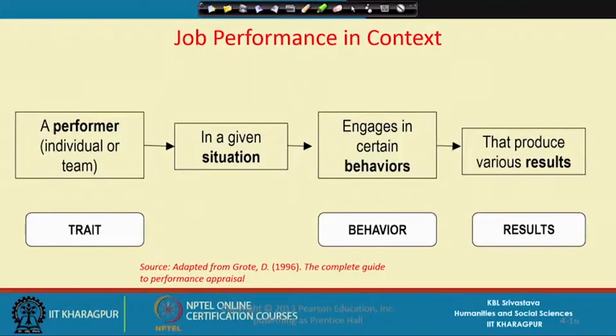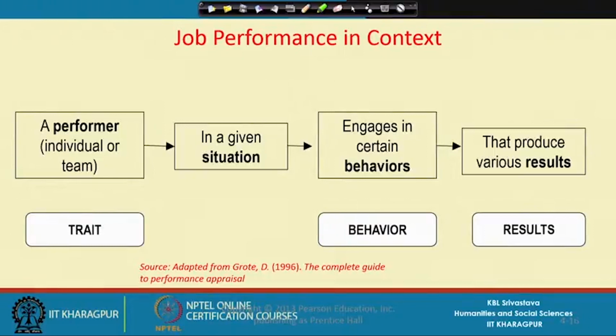We talked about the context. We also talked about the task, that was a determinant of performance. Now, if you look at the individual, or even a team, who is going to perform certain tasks, they have certain traits and characteristics, for example, his own personality, his own beliefs, his own motivation, his emotion, his ability.